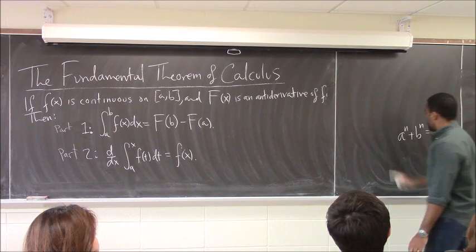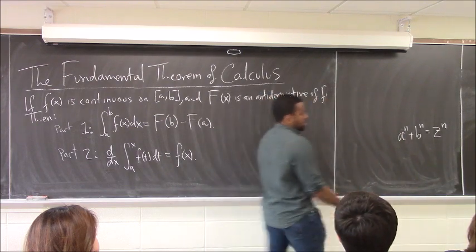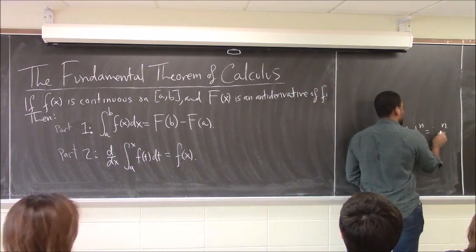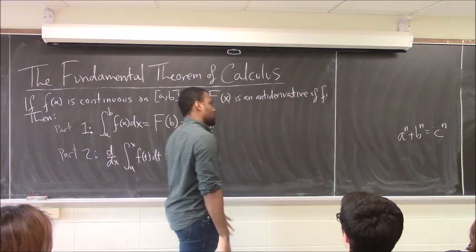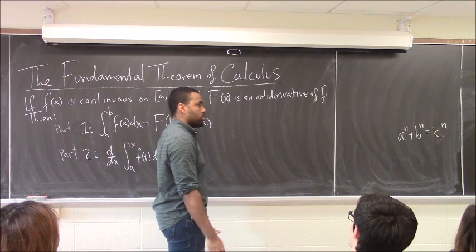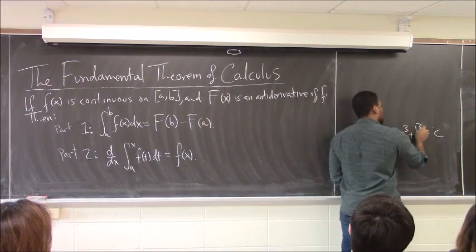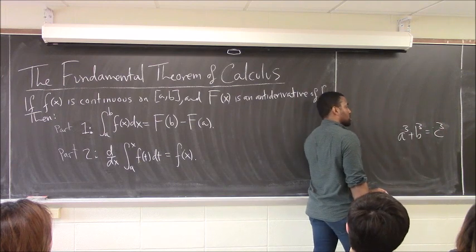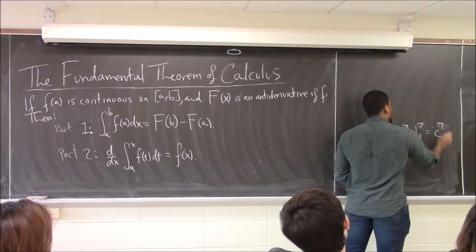How many ways, if n is assumed to be a positive integer, and a, b, and c are also assumed to be integers, how many solutions do you have to this equation? Will you always be able to find solutions, right? So for example, if I put a cube here, can you find positive integer solutions? If I put 7 here, can you find positive integer solutions?